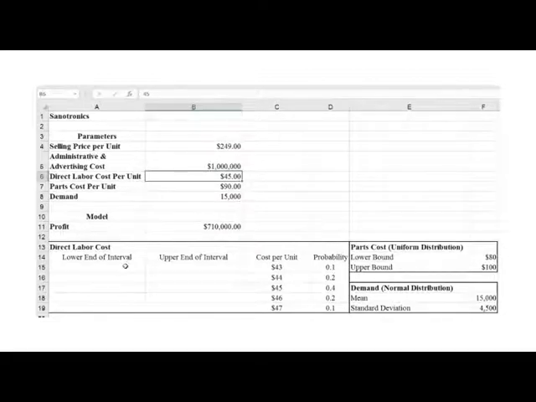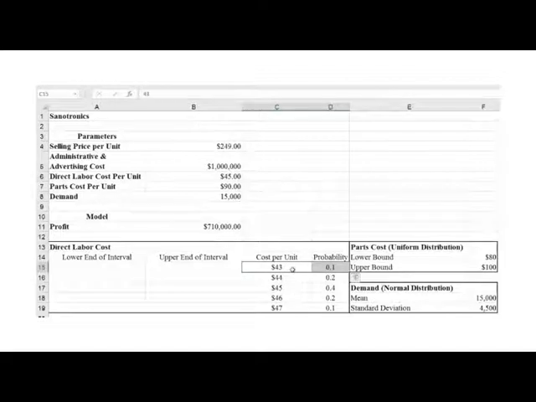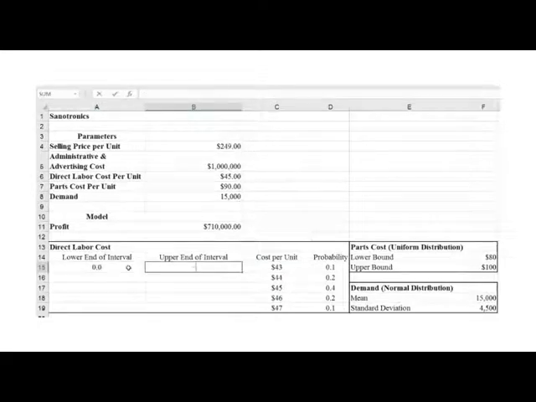To do so, we need to take the interval from 0 to 1 and break it up into subintervals whose lengths correspond to the probability of the corresponding cost. For the cost of $43, which has a 10% chance of occurring, we begin the lower end of the interval at 0 and extend this interval from 0 to 0.1.